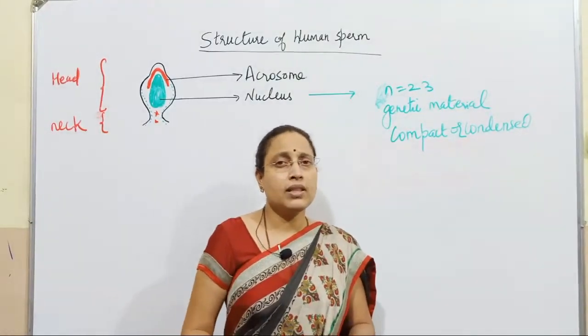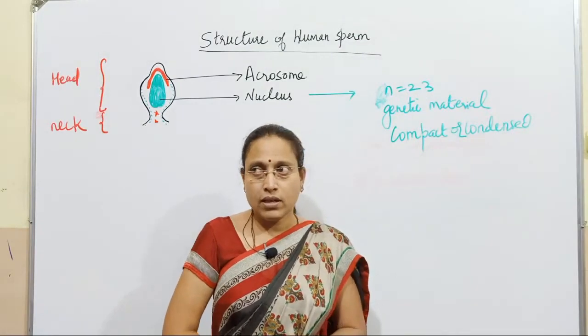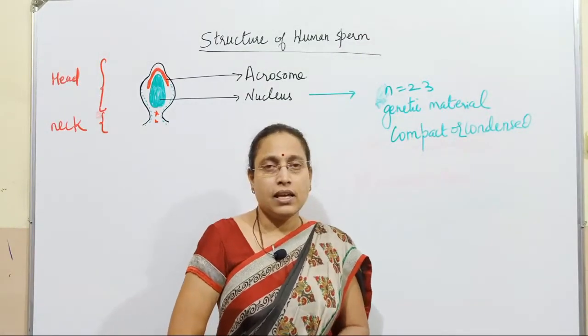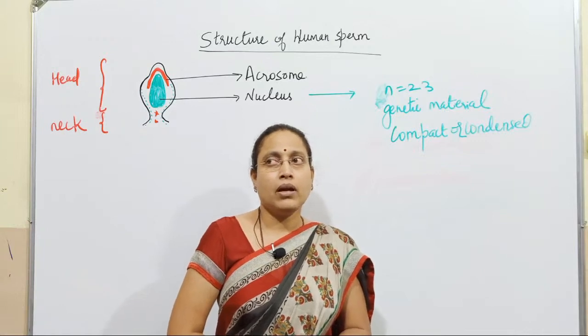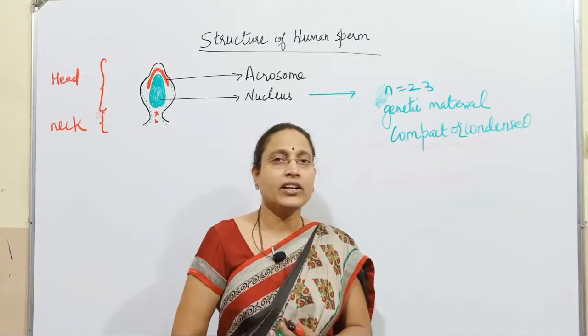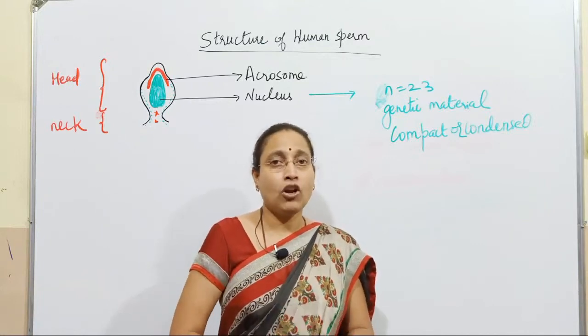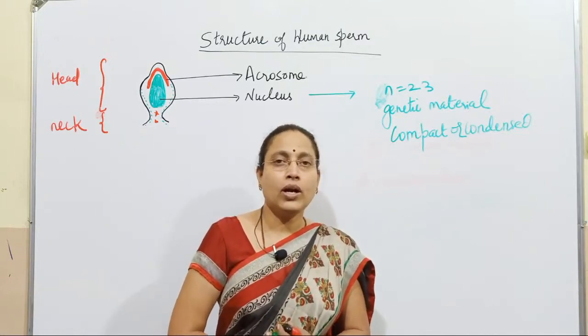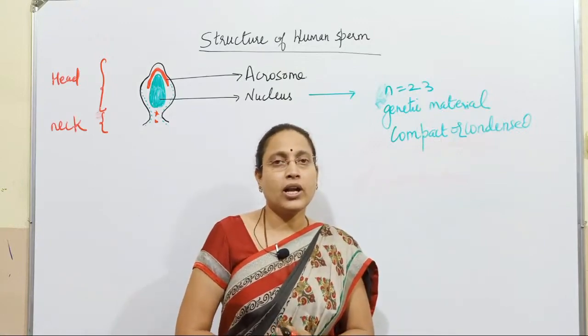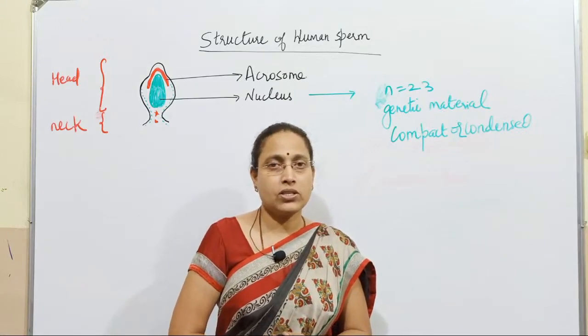So what is the use that the nucleus becomes condensed? The use of nucleus becoming condensed is, as the sperm moves in the reproductive tract of either male or female, there will be no damage. So a condensed nucleus can be easily protected from damage.